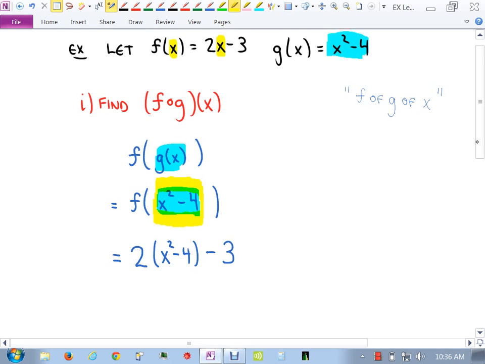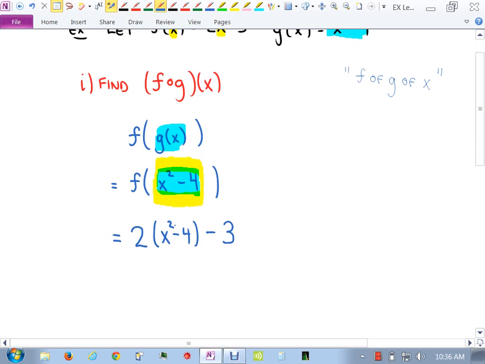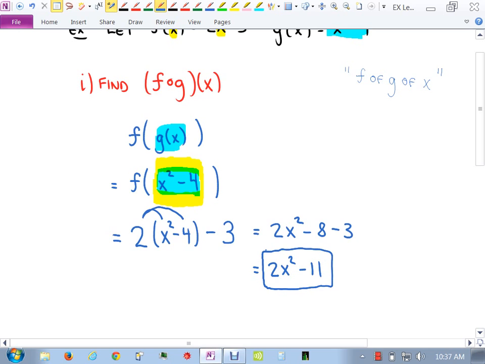Now let's clean that up by distributing the 2 through. And we get 2x squared minus 8, minus 3, you get 2x squared minus 11. Okay?